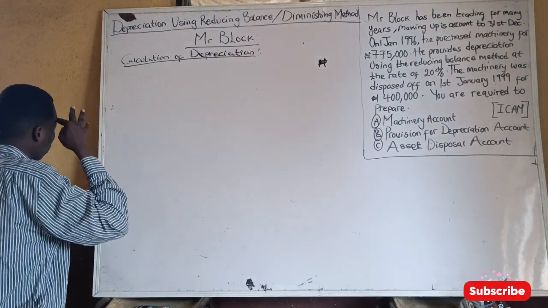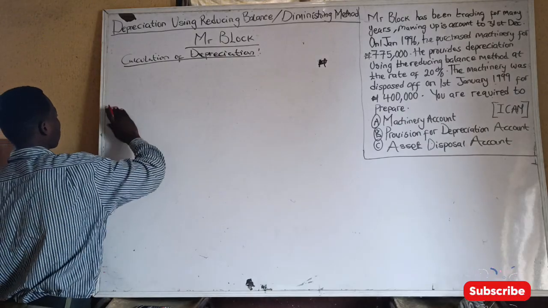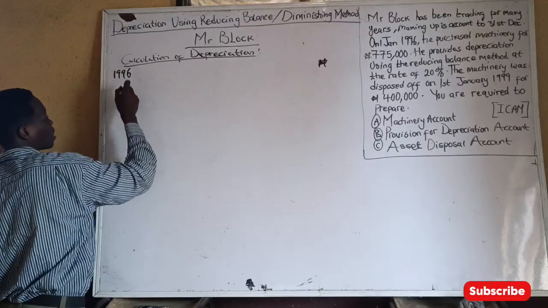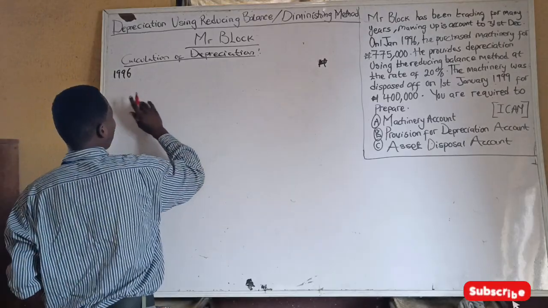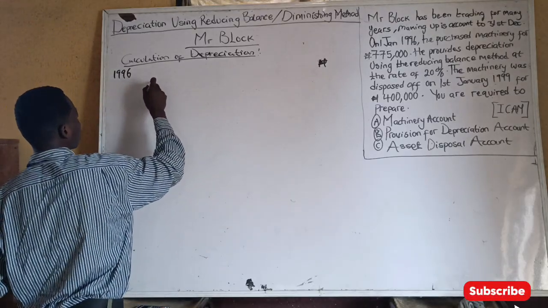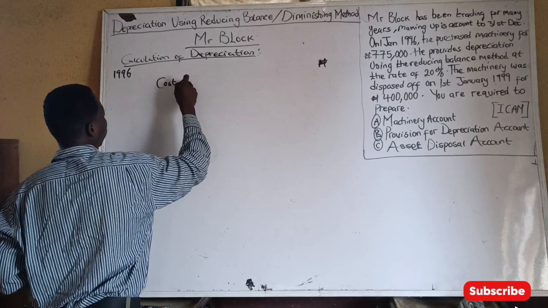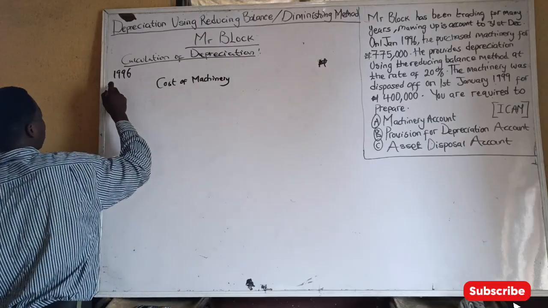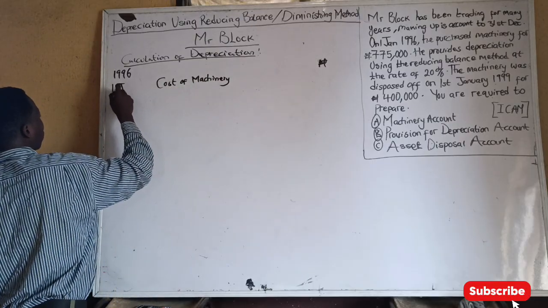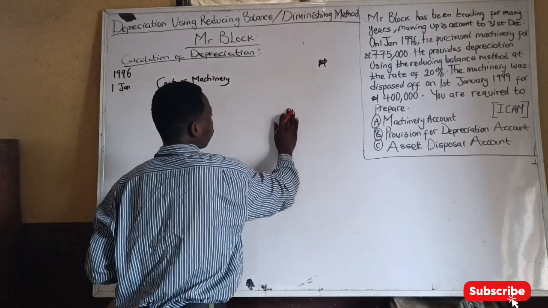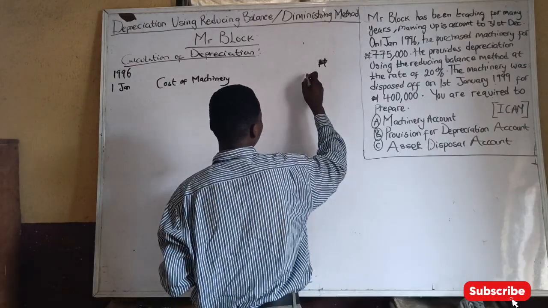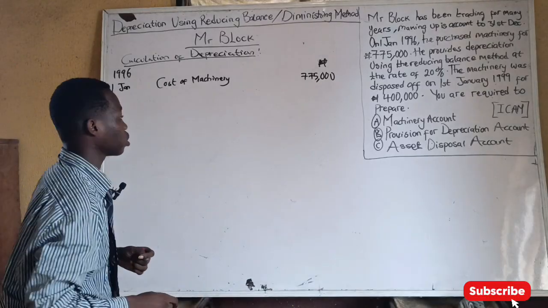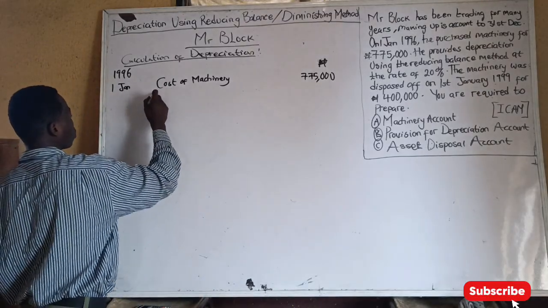So for the first year, which we are going to write as 1996, we are going to start with the cost of machinery at 1st January, which is 775,000 naira.